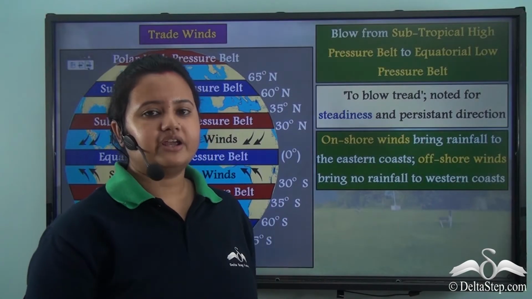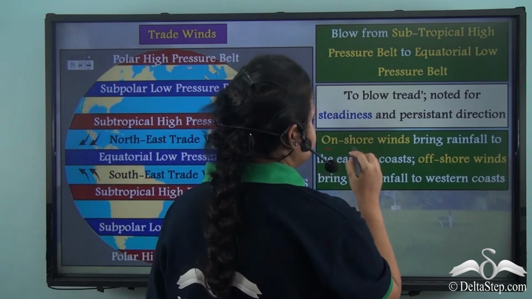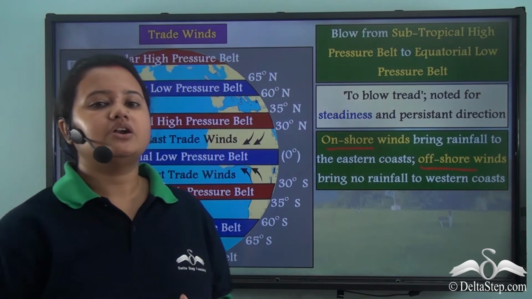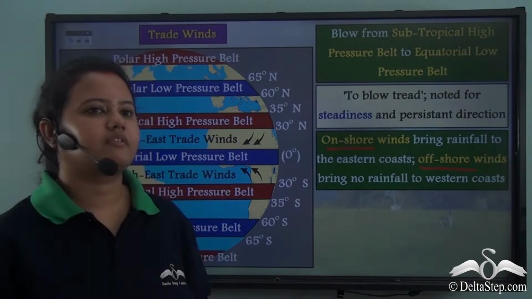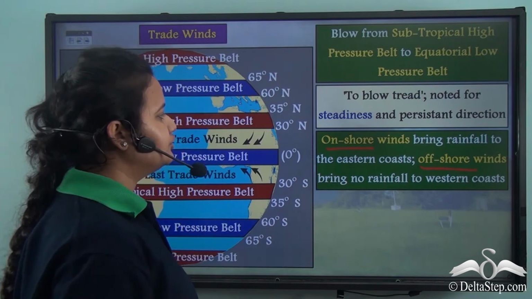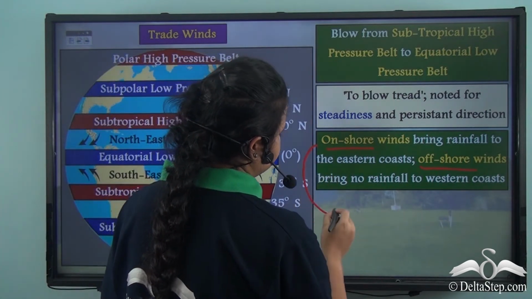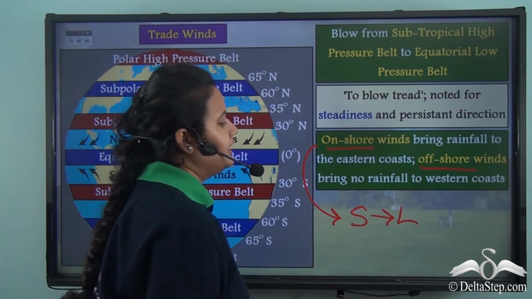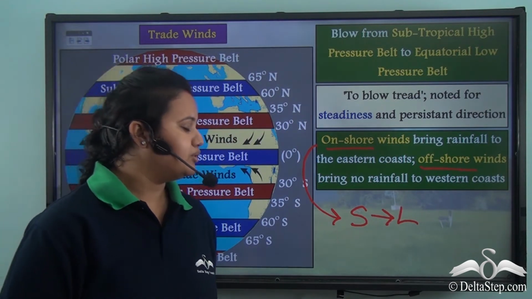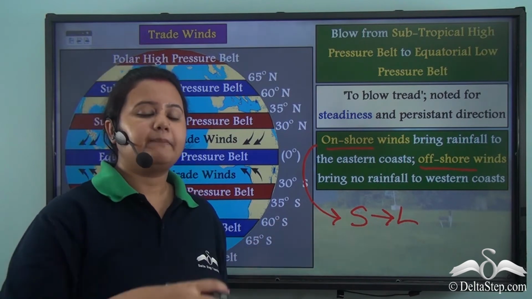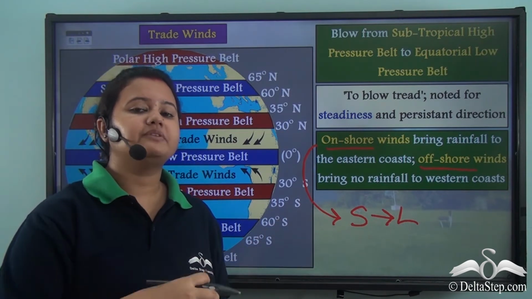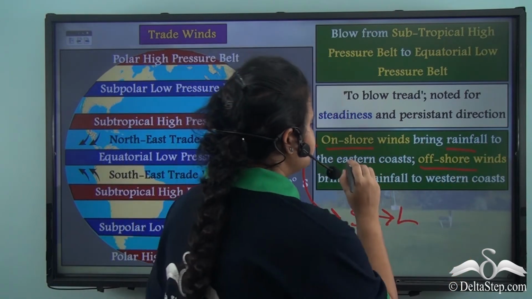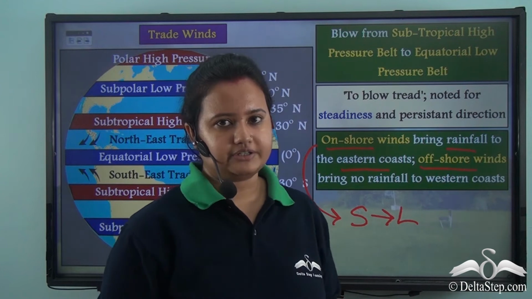Now, these trade winds can be onshore winds and offshore winds. What are onshore winds? Onshore winds are the winds that blow from sea to land. As these winds blow from sea to land, they pick up moisture from the sea and cause rainfall in the eastern coast of the continents.